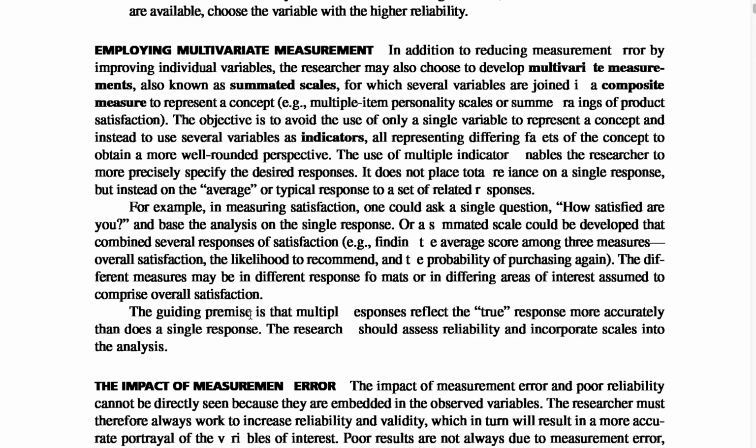Finding the average score among three measurements: overall satisfaction, the likelihood to recommend, and the probability of purchasing. Each measurement may give different responses for the different areas of interest assumed to comprise overall satisfaction. The guiding premise is that multiple responses reflect the true response more accurately than does a single response. The researcher should assess reliability and incorporate scales into the analysis.